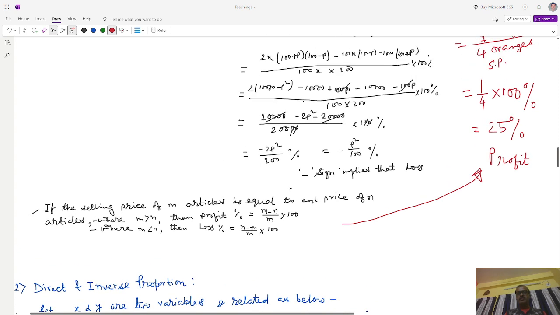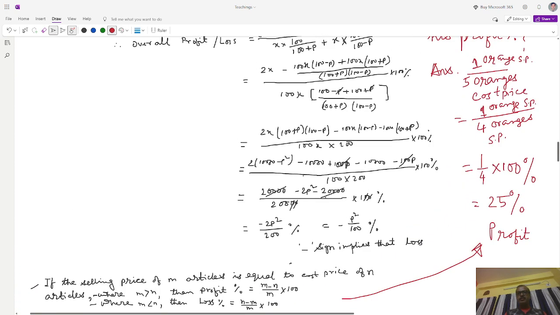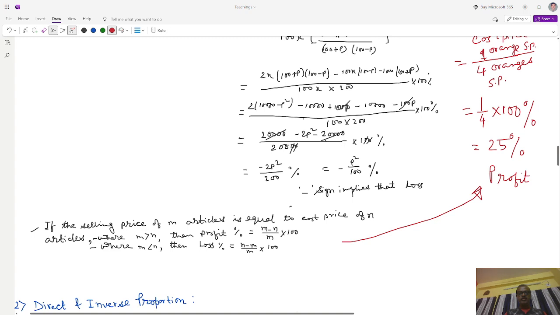Already we have seen in this example, this ratio is nothing but this ratio in generalized form. And if M is less than N, then loss percentage equals N minus M divided by M into 100. This is the profit percentage and this is the loss percentage.